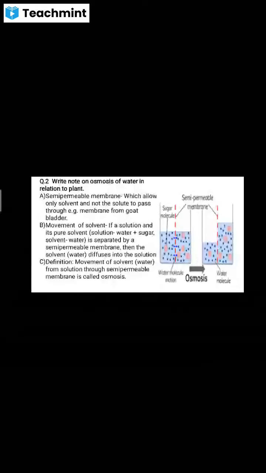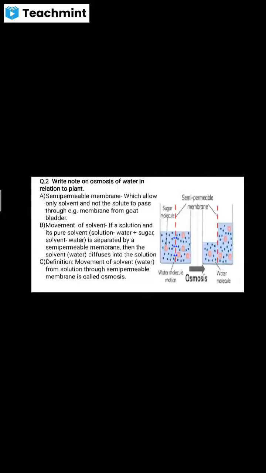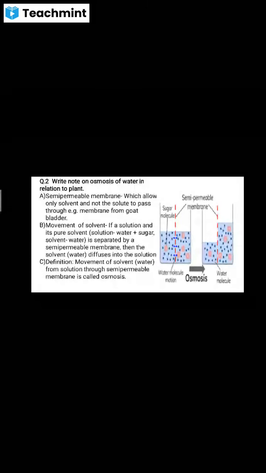Here, consider a solution, that is water and sugar, and a pure solvent, that is only water. These are separated by a semi-permeable membrane, then the solvent diffuses into the solution.